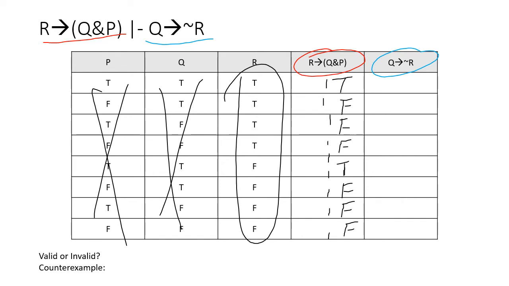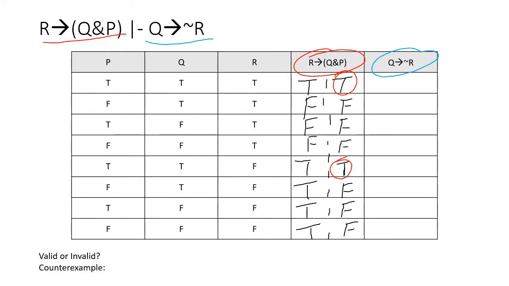So remember that an arrow is true wherever the left side is false or the right side is true. So in those situations, it's going to be true. In the other situation, it's going to be false. You can erase this column over here.